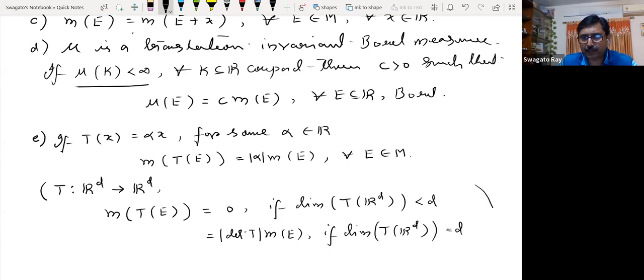This is a higher dimensional version of this last result, which we are not going to prove. It is not very difficult to prove anyway.